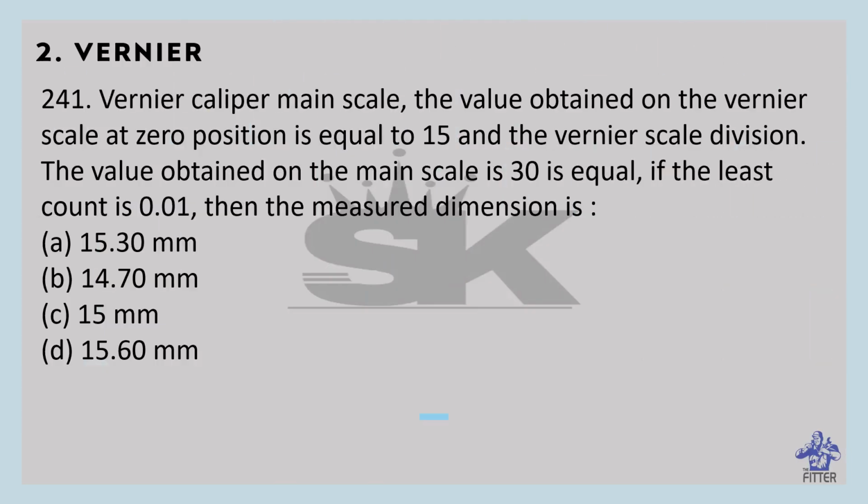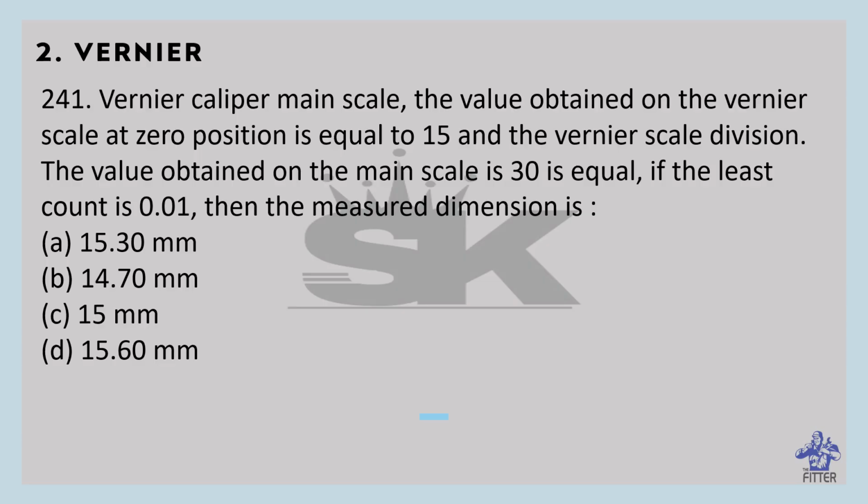In a vernier caliper, the main scale value at the vernier zero position is 15, and the vernier scale division coinciding on the main scale is 30. If the least count is 0.01, then measure the dimension. So here the main scale reading is 15 mm.